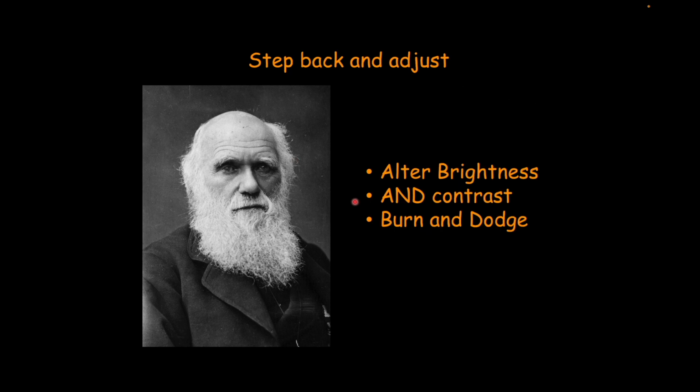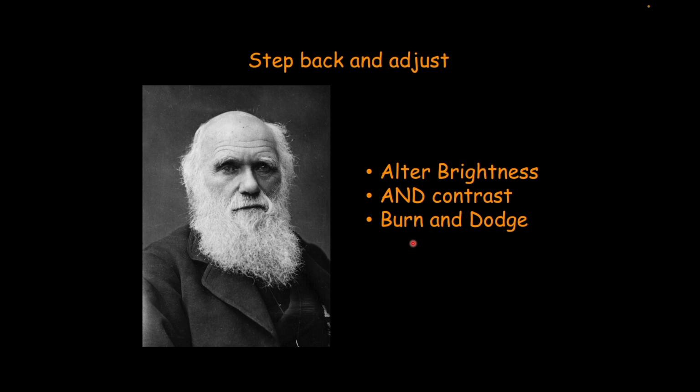Now what we can do is do a burn and dodge function. And if you've ever done black and white photography, this is what you do to enhance or decrease the brightness, as you do these things where you actually wave your hand or a piece of paper over part of the image to dodge, meaning don't get as much light passing through the negative onto the photographic paper, or you burn, which means you put more light in that space.